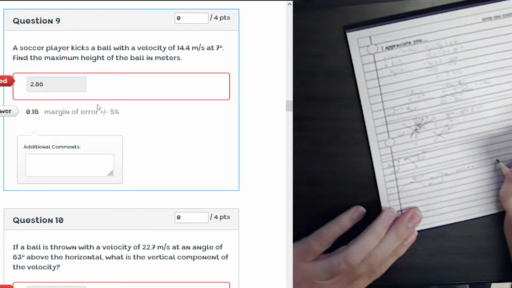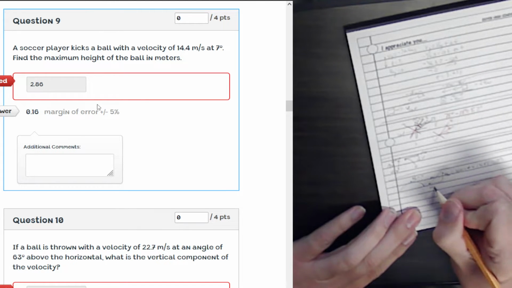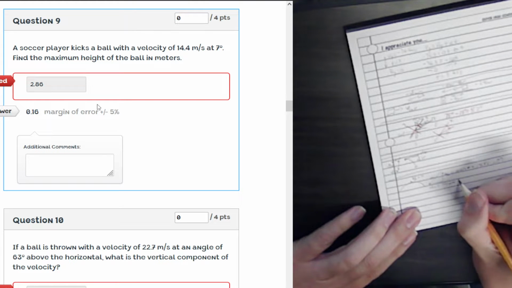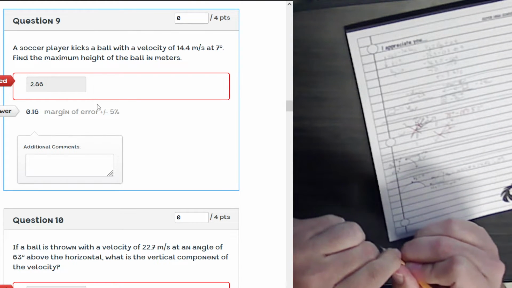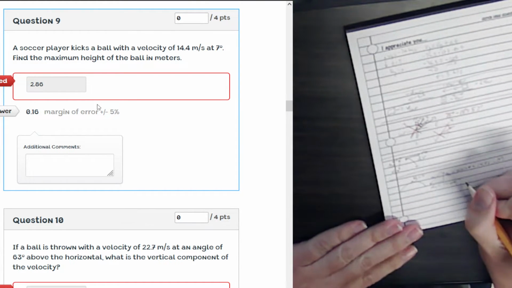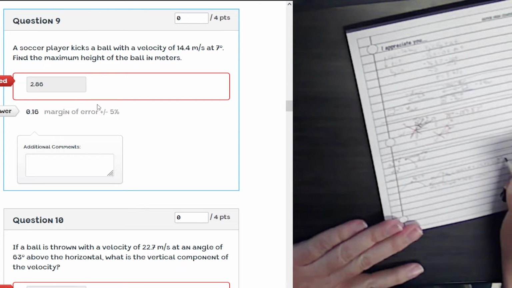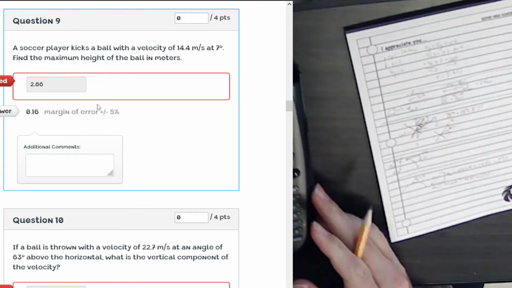Sine of 7 degrees. And the v naught x is going to be the hypotenuse times cosine theta. So 14.4 cosine of 7. So we'll get two numbers here, the x and the y.